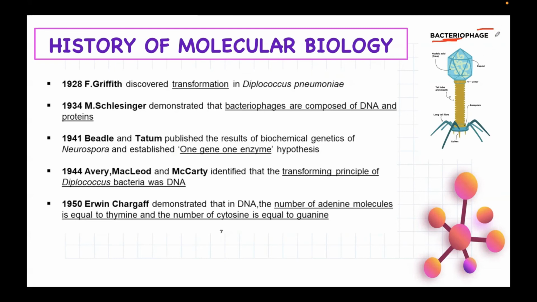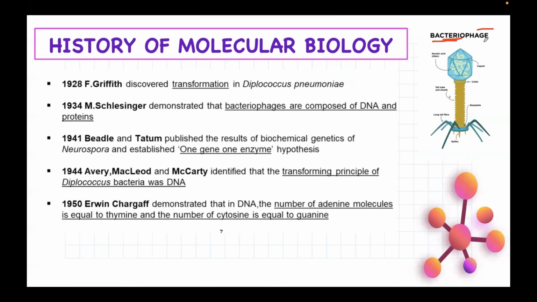Do not worry, it doesn't harm humans. And then 1941, it was Beadle and Tatum who published the results of biochemical genetics of Neurospora and established the one gene, one enzyme hypothesis. During 1944, Avery, MacLeod, and McCarty identified that the transforming principle of Diplococcus bacteria was DNA.